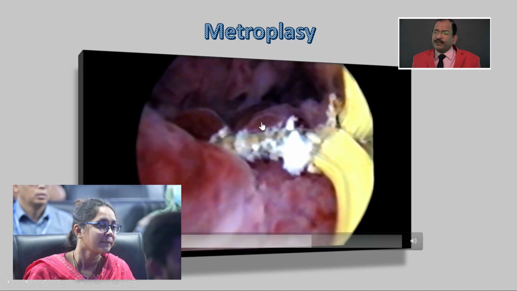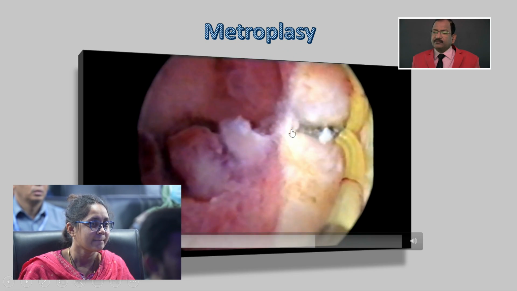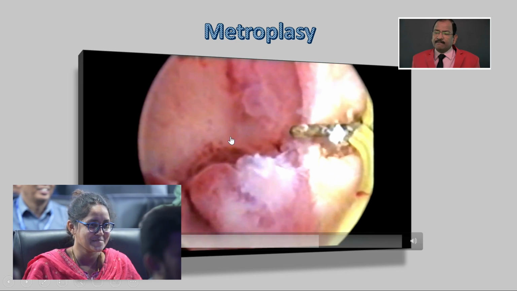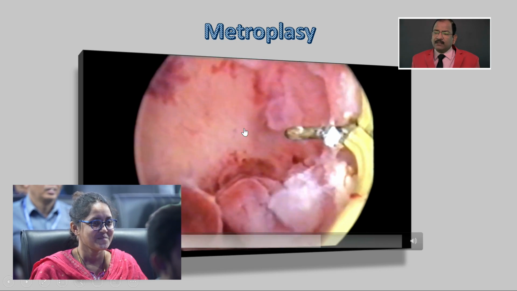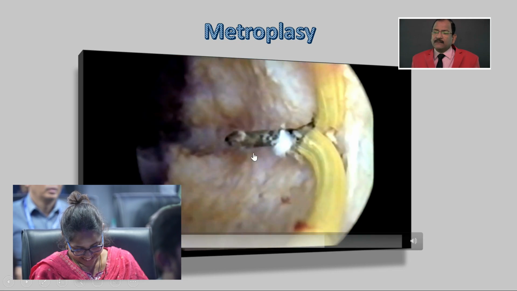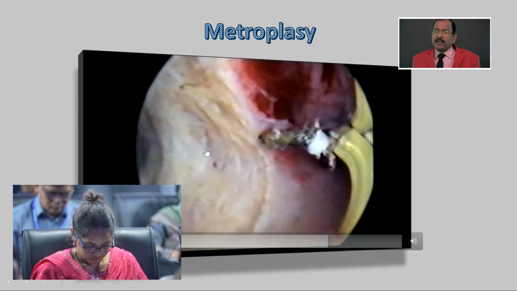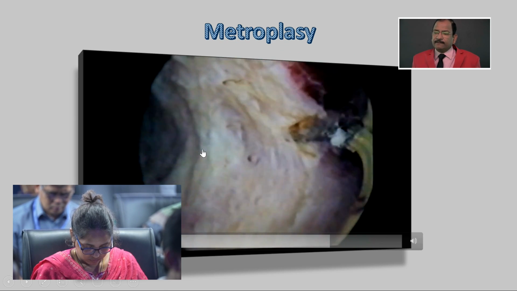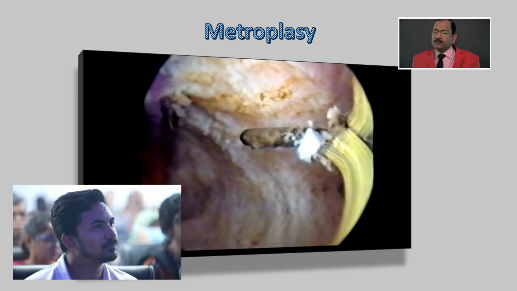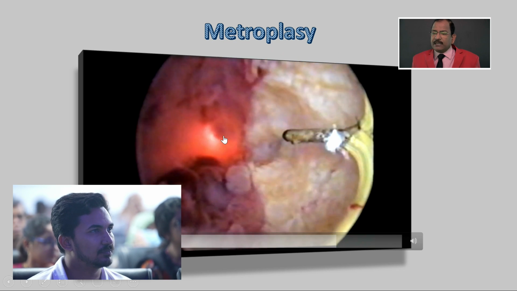Here we can see this is cutting in steps, and this side is a septa, and again slowly you will cut. Here is the light.